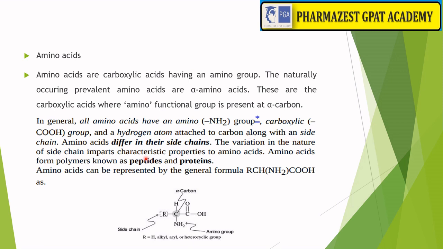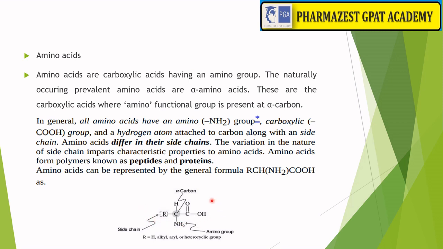Amino acids differ in their side chain, based on the number of carbon atoms present in it. These amino acids are given different names. Only the R group varies in all the amino acids.